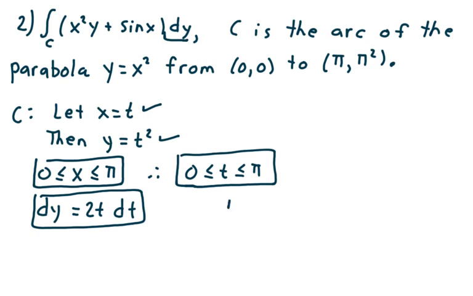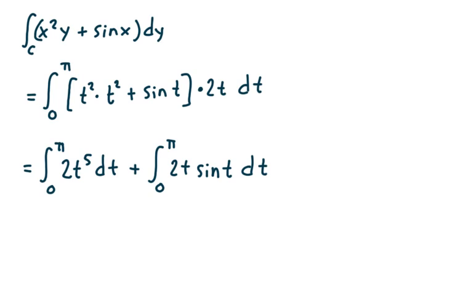And I also want you to keep note of these limits here. So on the next page, the integral over C of x squared y plus sine of x dy is equal to the integral from 0 to pi of t squared times t squared plus sine of t, that quantity, times 2t dt.